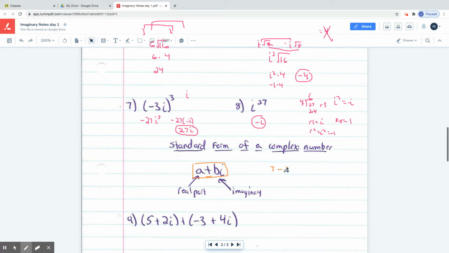That is a complex number. It has a real part, 3, and an imaginary part, 2i. We do not write it as -2i plus 3. We always have to write it with the real part first, the imaginary part second.